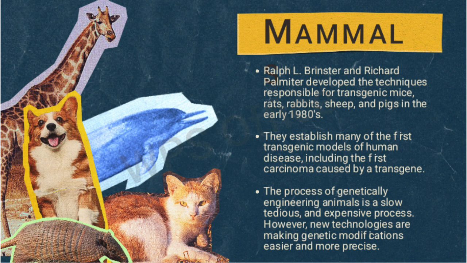Ralph L. Brinster and Richard Palmiter developed the techniques responsible for transgenic mice, rats, rabbits, sheep, and pigs in the early 1980s. So, short background check tayo kay Brinster and Palmiter.